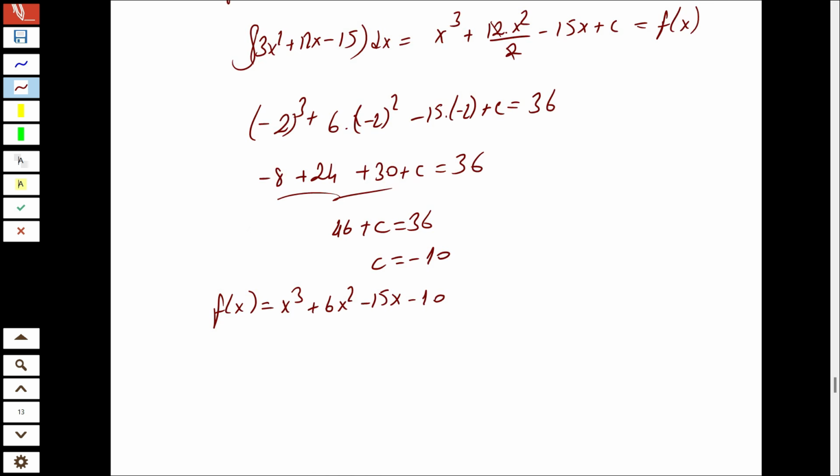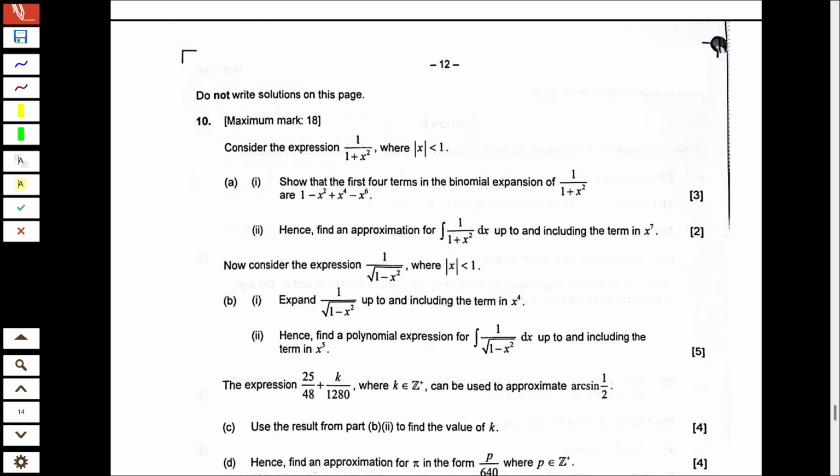Yeah, that's it. Question 10, consider the expression 1 over 1 plus x squared, where the absolute value of x is less than 1. Show that the first four terms in the binomial expansion of this expression are 1 minus x squared plus x to the power of 4 minus x to the power of 6.